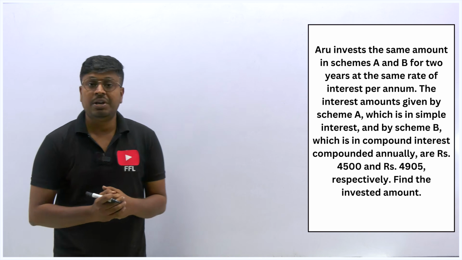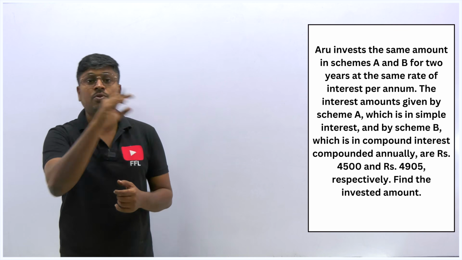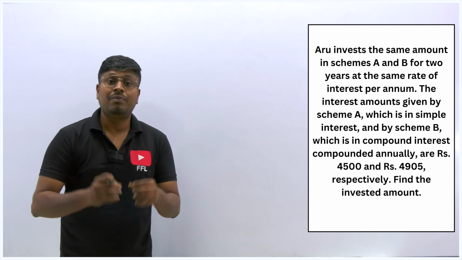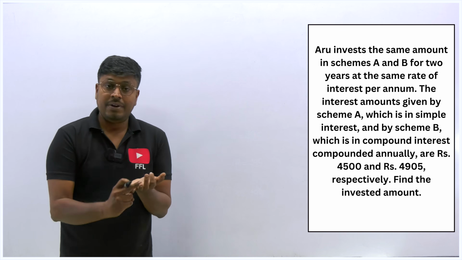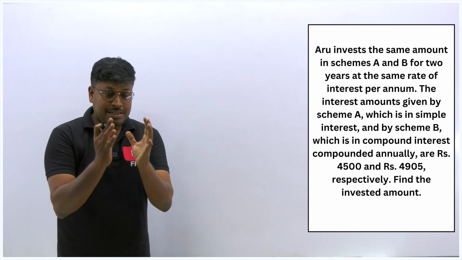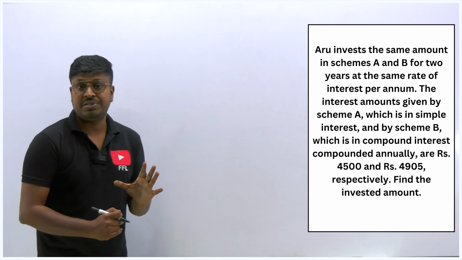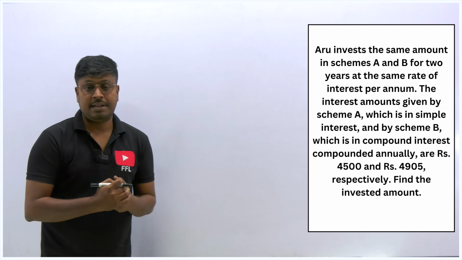After framing both equations, try to apply the value found in equation 1 to equation 2, or equation 2 to equation 1, so that we can find one of the values. Why? Because here the principal is the same, rate of interest is the same, everything is the same. So we just need to frame the equations perfectly, and then I will tell you how to solve this question. It's a very important question. Understand how we are solving these types of questions.